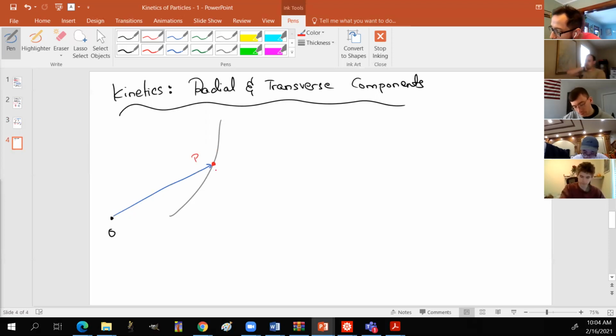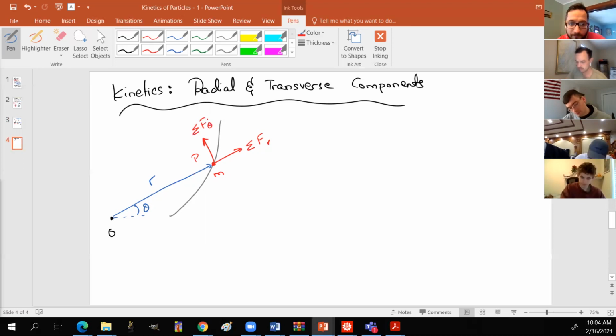So let's say your particle P with a mass M. And then in the same direction as this vector r, you have all the forces which act in that direction, and then you have the perpendicular direction to that. Typically, the perpendicular one is in the direction in which your angle is increasing. F theta, like that, right? So these are all of your forces.